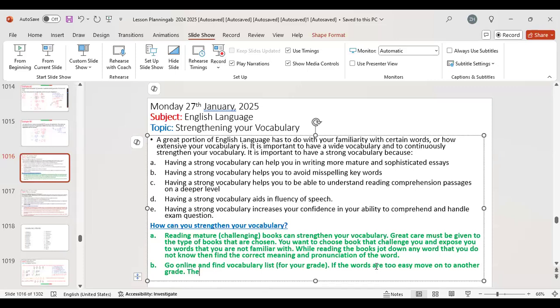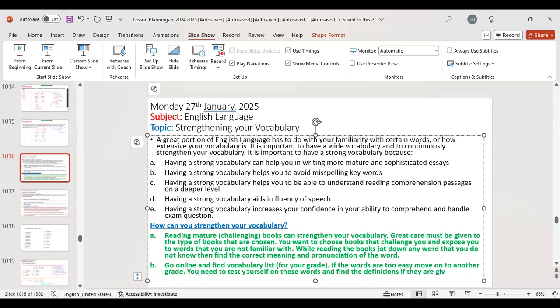Excuse me, Mr. Petit, you want to choose books that challenge you. Great catch. You want to choose books that challenge you. Go online and find vocabulary lists. You need to test yourself on these words, and find the definitions if they are not given.